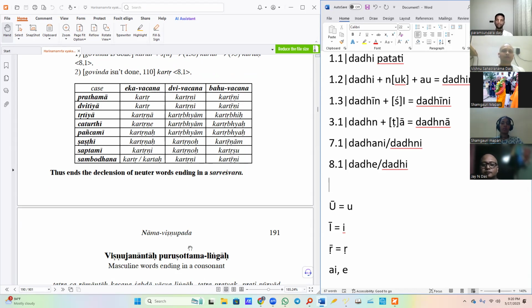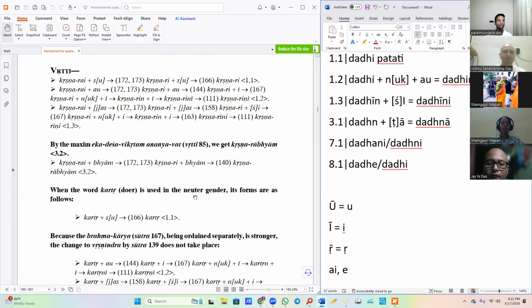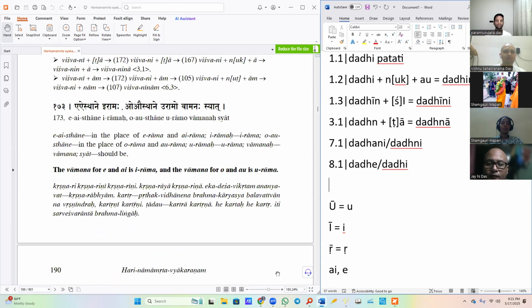So how come the words Kartri, Vishwani, and the third one, Krishna Rai, are in both Purushottam as well as Brahmalinga? What is the meaning then in Brahmalinga?